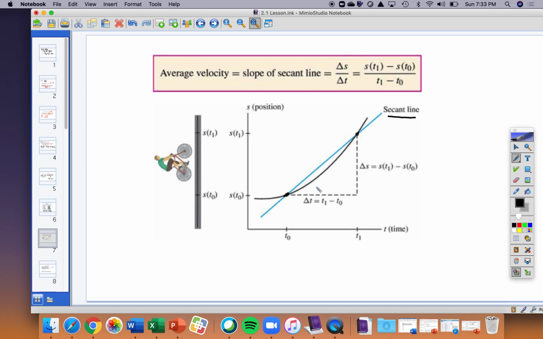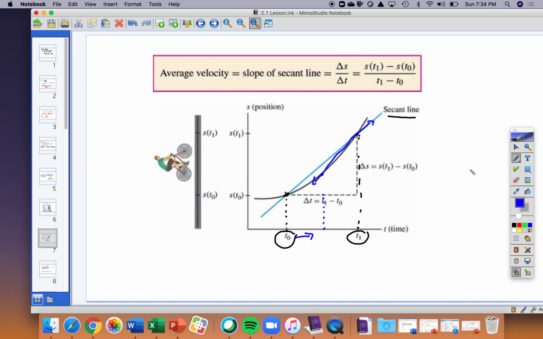Now, if you look at my x values, that is time. Here's time 0 and here's time 1. It corresponds with this point here and with this point here. Now, this time interval looks very big, and that's why this secant line doesn't really match the curve, though it goes through the 2 points. If I brought these 2 time values closer together, if I took this interval and moved it this way, here would be my value, and this would be my secant line.